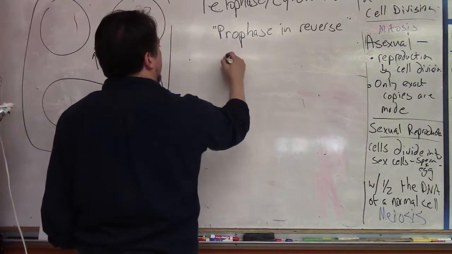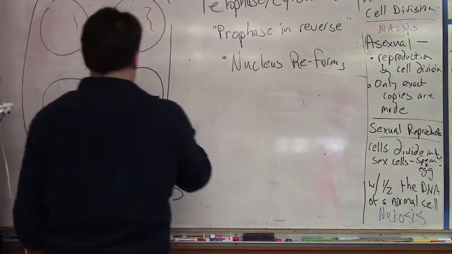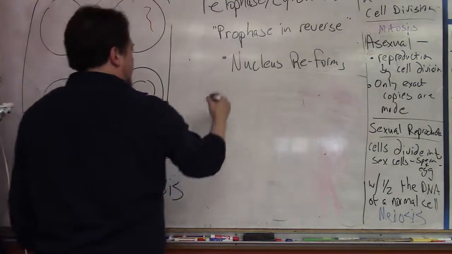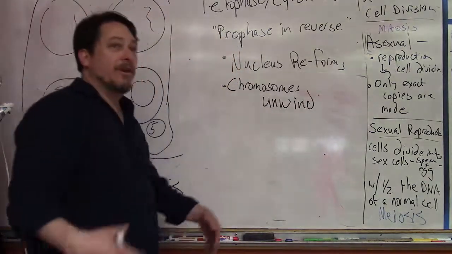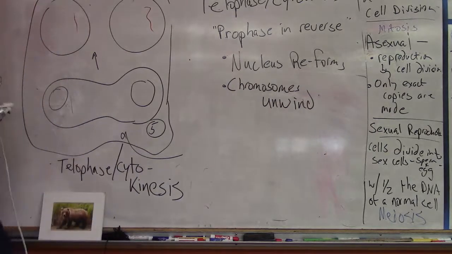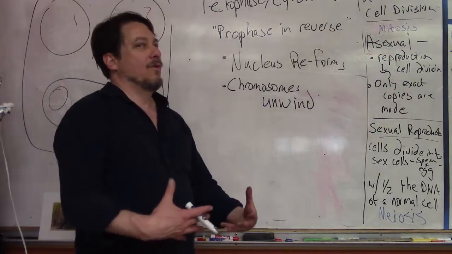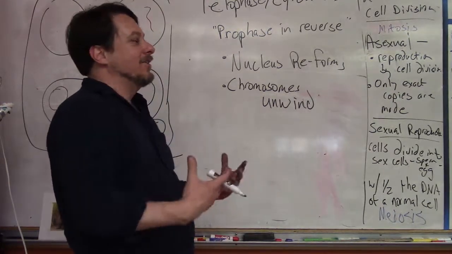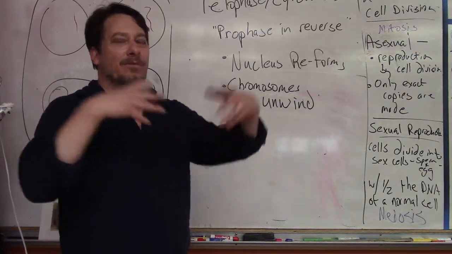Okay, prophase in reverse, meaning that the nucleus reforms. So your nucleus reforms here. The chromosomes unwind because they're really only wound up for moving day, just like all your Christmas lights. Or whatever festival holiday lights you like to use. Because you don't use the Christmas lights all wrapped up, you put them on the tree.